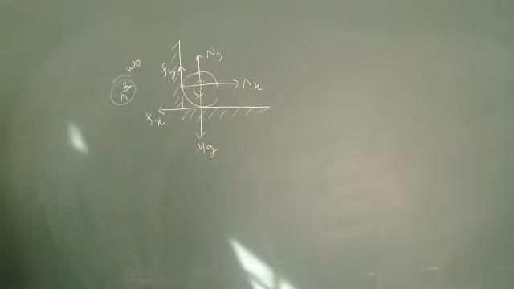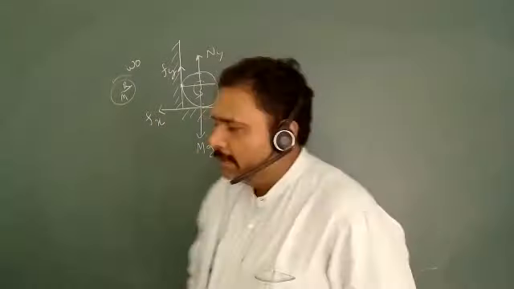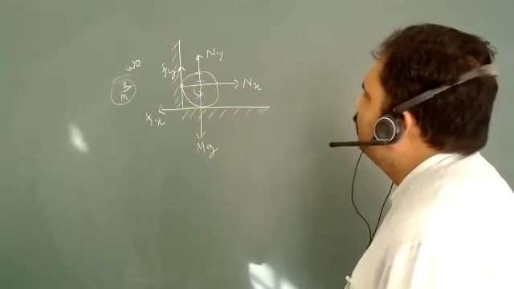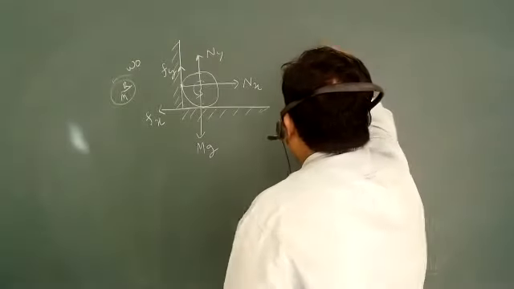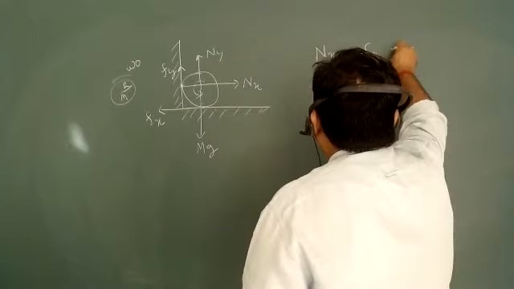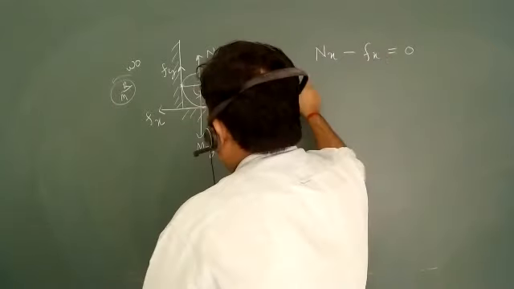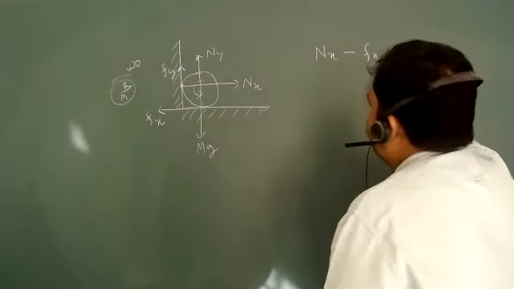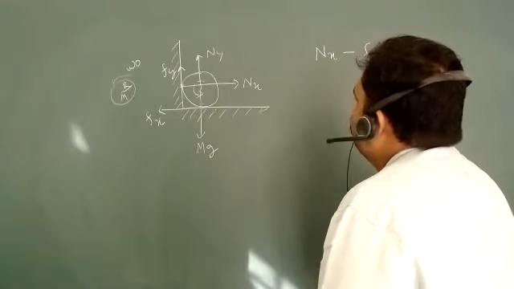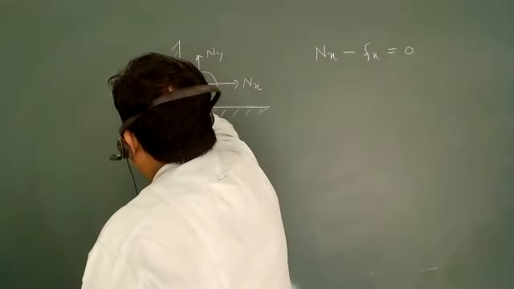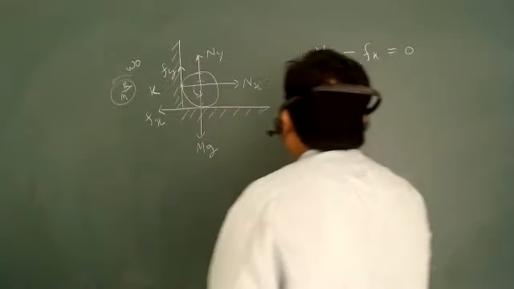So let us go for writing all the force equations first. What is the force equation in the x direction? I can write Nx minus Fx is equal to 0 because there is no linear motion. So this is for the x direction. And let's say the coefficient of friction is k.